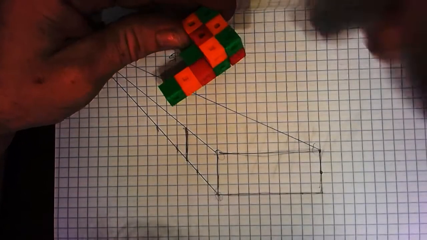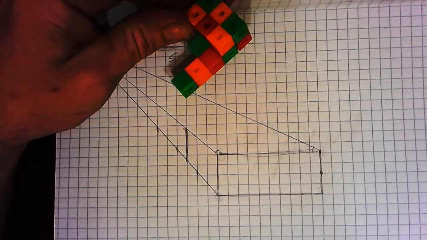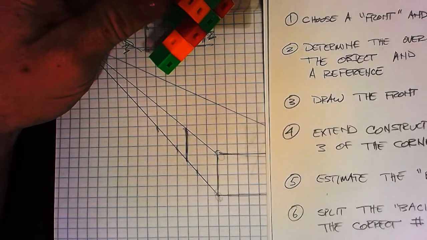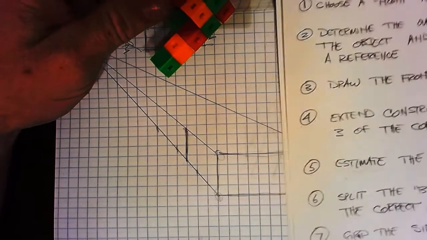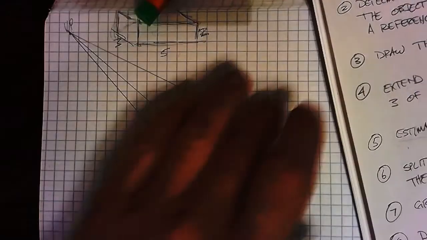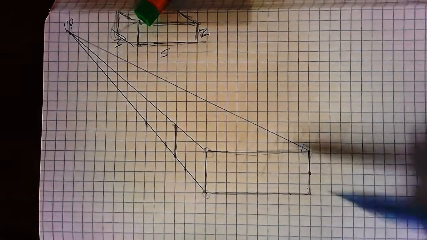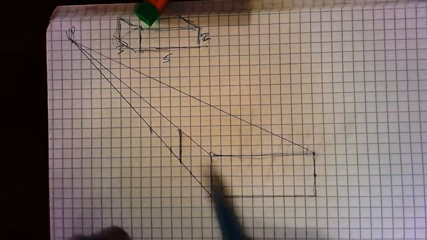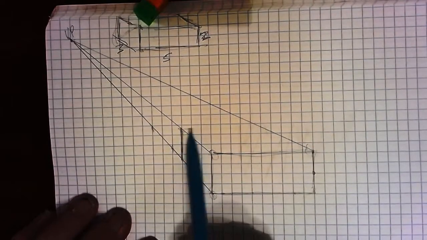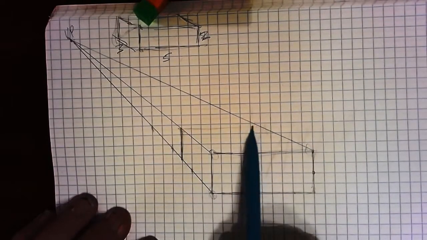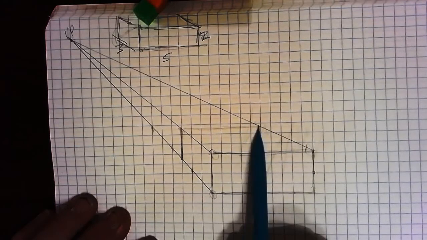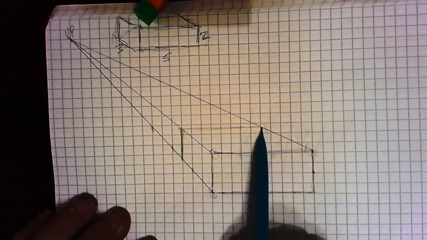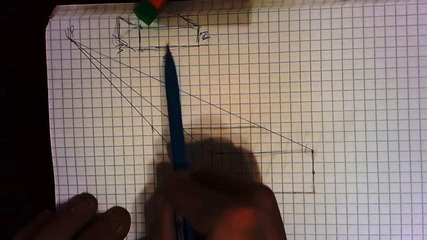The next step, after estimating the back dimension, so I've decided this is how far back we're going to go, is to draw a line that goes horizontal, because this is going to be the back of the top, as it were, of this box.